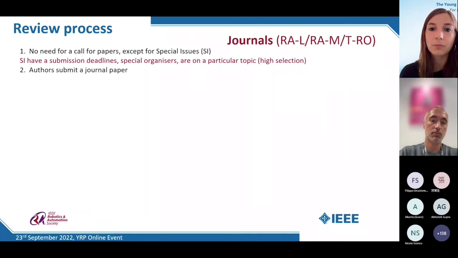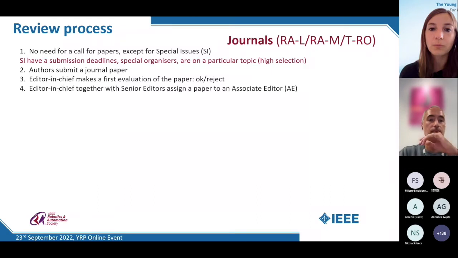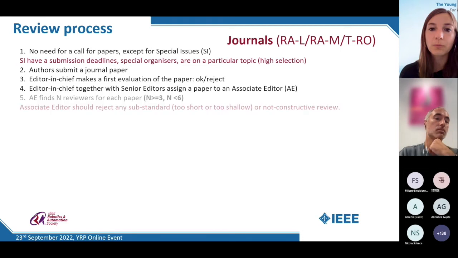Anyway, whenever an author decides to submit a paper to a journal, that is something he or she can do whenever they want; basically, they can submit it again on Paper Plaza. Then we have, again, an editor-in-chief who makes a first evaluation of the paper, to see if the paper is okay or needs to be rejected directly. Then the editor-in-chief, together with some senior editors, assigns the paper to an associate editor as before.